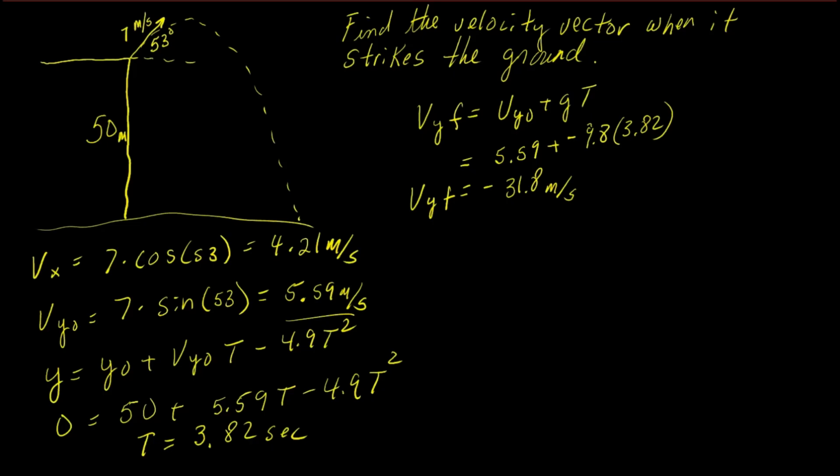Okay, so that's supposed to be a right angle, by the way. This is negative 31.8, and x is 4.21. So my vector is coming in.